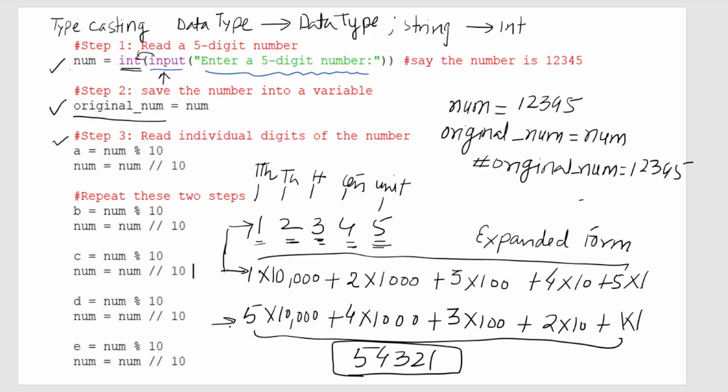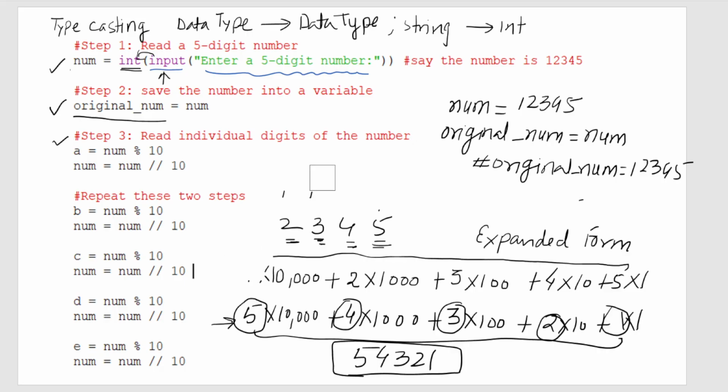So my objective is to find these digits 5, 4, 3, 2 and 1 individually. What I cannot do here is iterate, because these numbers themselves are not iterable. I cannot iterate using for and while loops here.